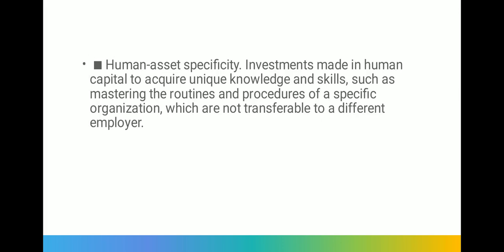Human asset specificity. It deals with the degree to which skills, knowledge, and experience of the agency's personnel are specific to the business process, meaning it is highly specialized human skills.